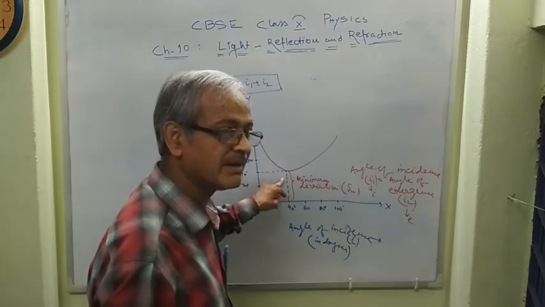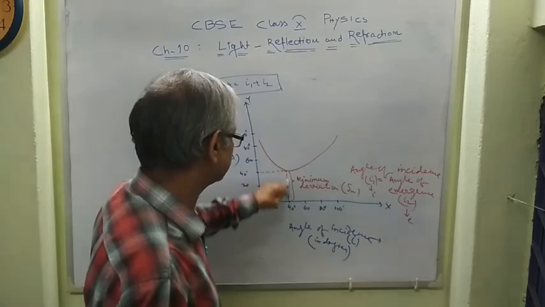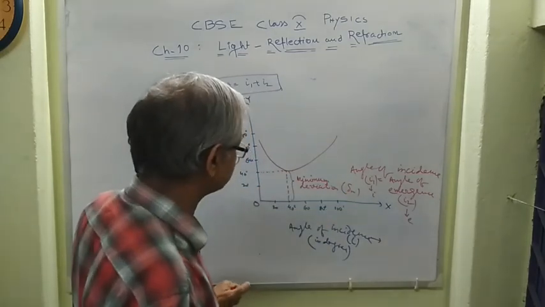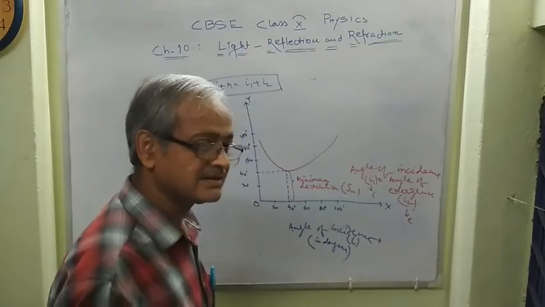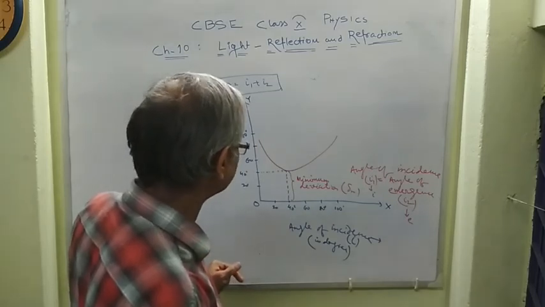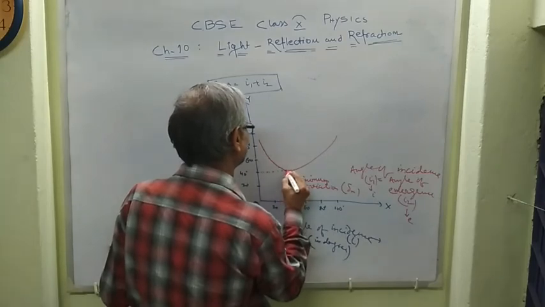It is called minimum deviation. This is shown in the figure here. Here, the angle of incidence is equal to the angle of emergence. And then further, if the angle of incidence increases gradually, the angle of deviation will also increase gradually. Right? Some points are shown here.